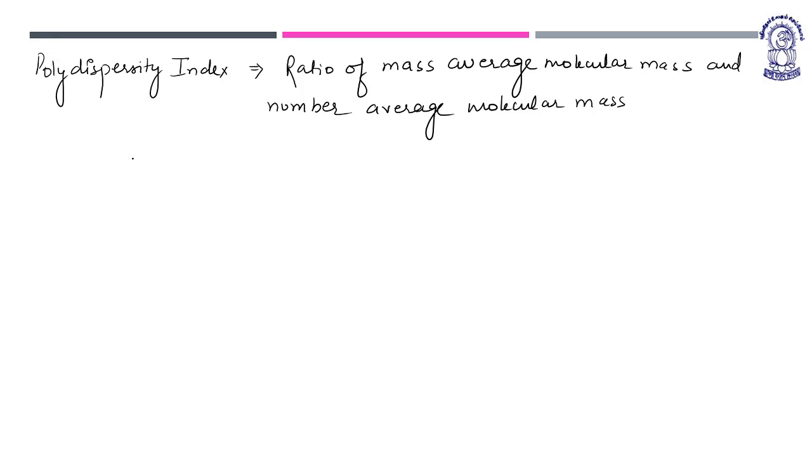It is denoted as PDI, which is equivalent to the ratio of mass average molecular mass to number average molecular mass.